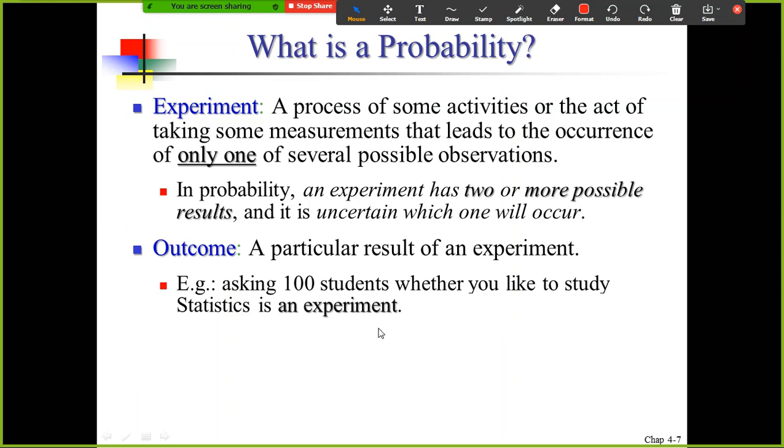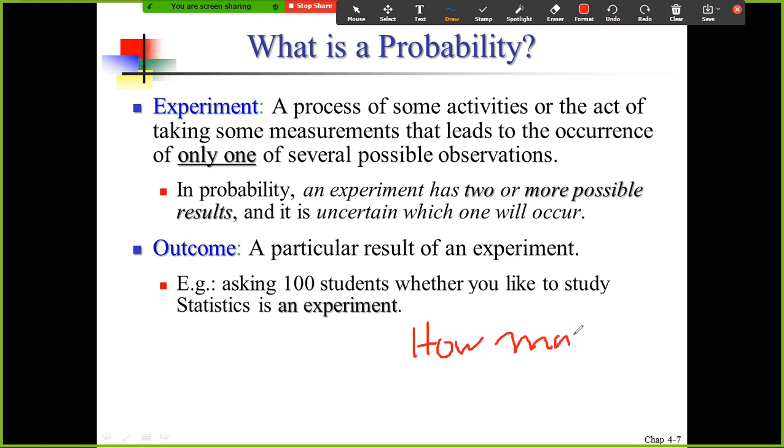There are many possible results. You know how many possible results? Who can answer? Asking 100 students whether they like to study statistics or not is my experiment.